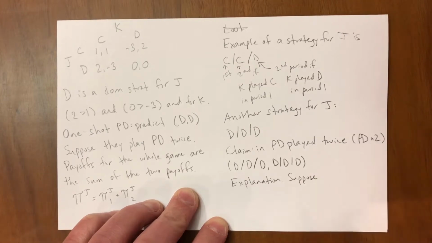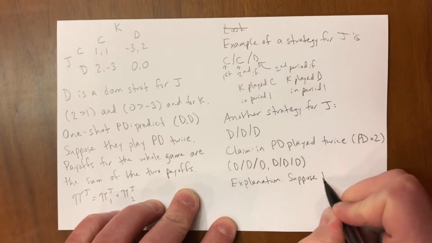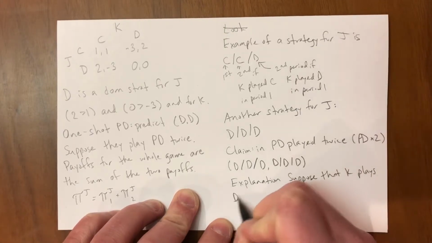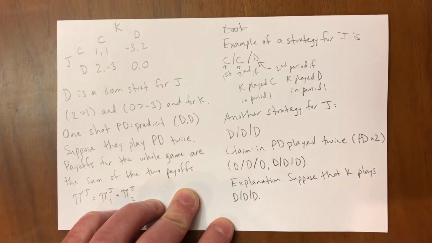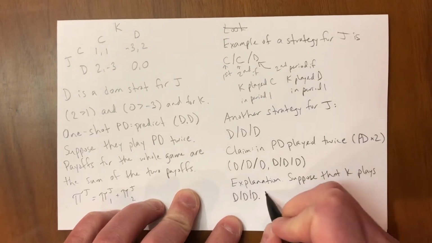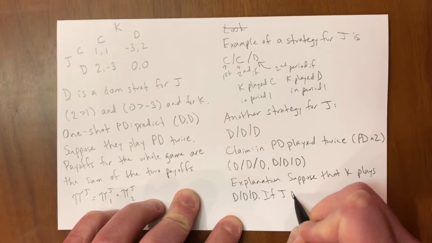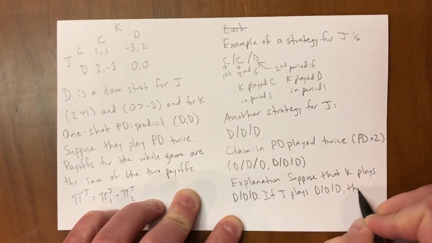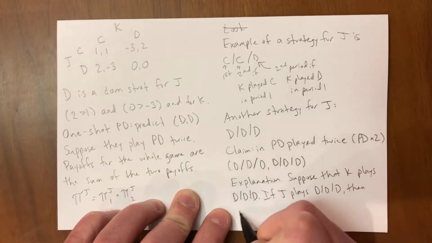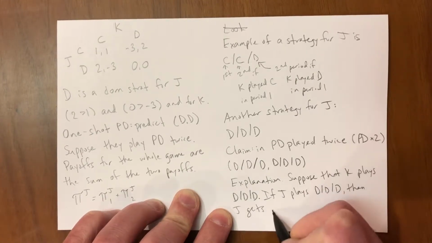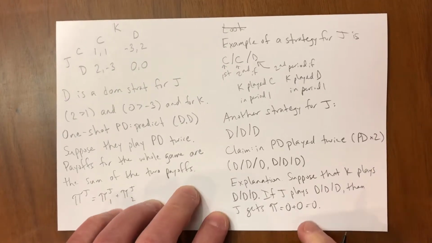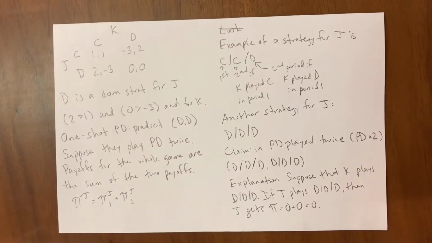Suppose, for example, that K plays DDD. Well, if J plays DDD, then J gets a payoff of 0 plus 0, which is equal to 0. And there's no way for J to get higher than 0.